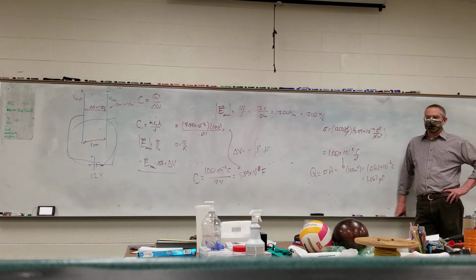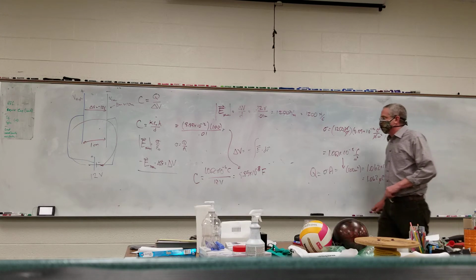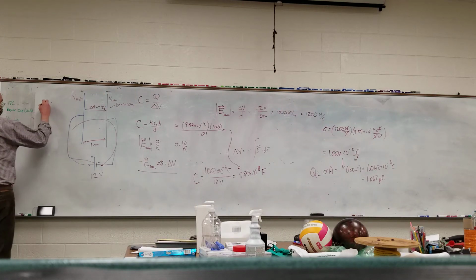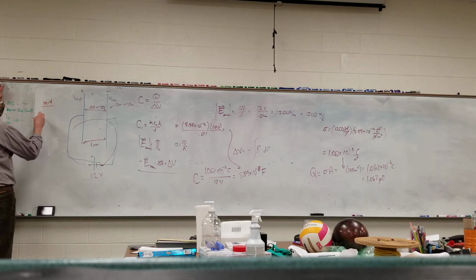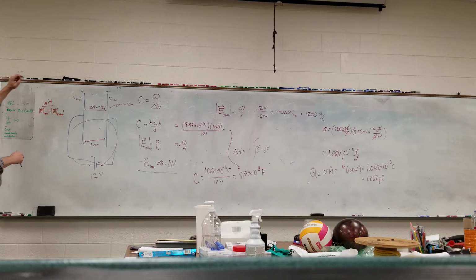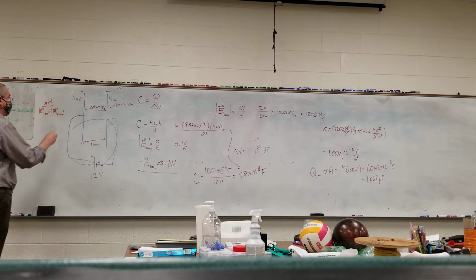Questions on this, because we're about to change something. Sort of recap what we have here. So we start out initially, we have electric field total is equal to the electric field from the plates, which was 1200 newtons per coulomb.